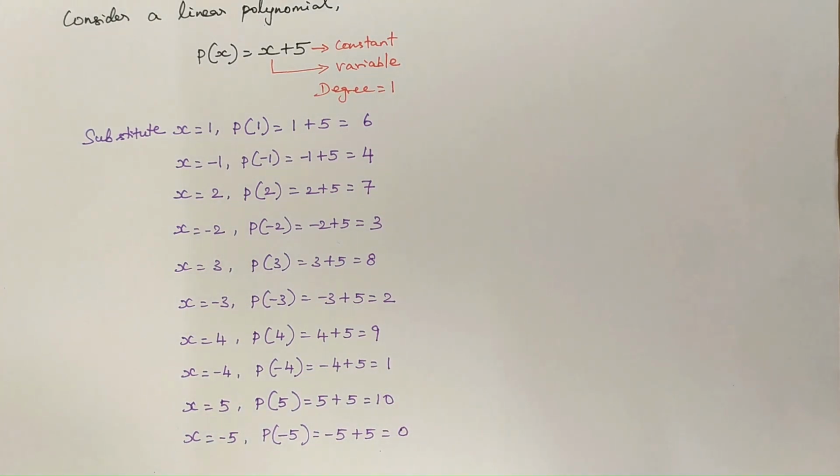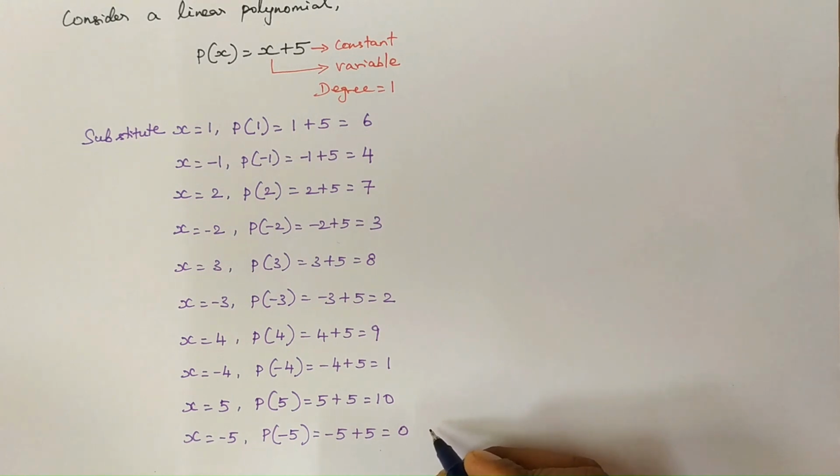So what we can observe from this is, at some point the value of my polynomial reaches 0.